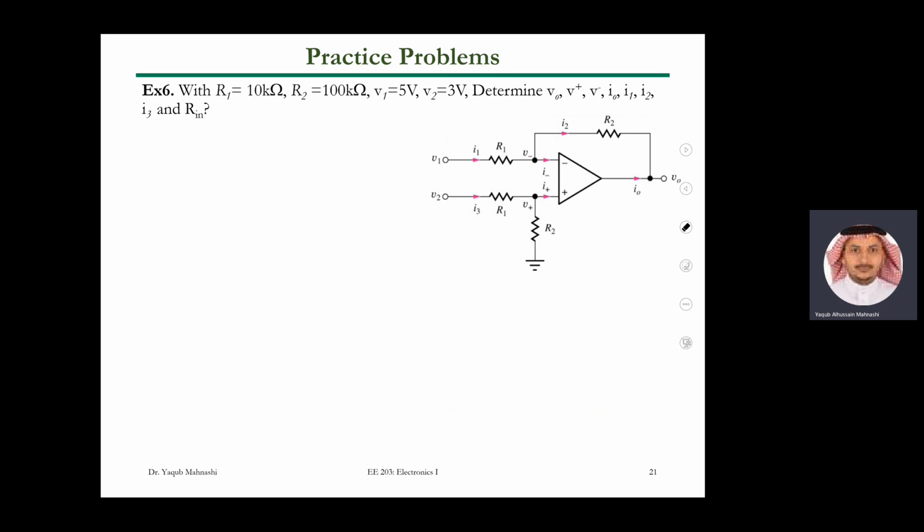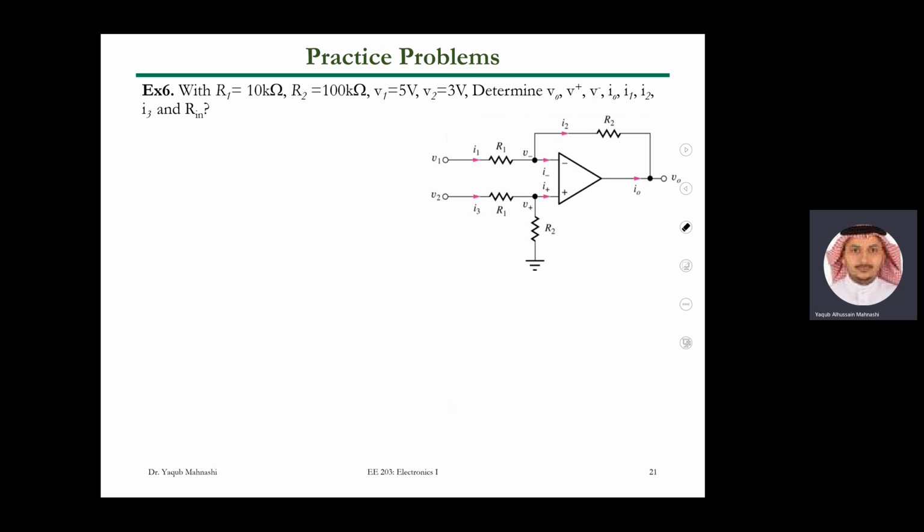And let's work out this problem here for the difference amplifier. This is problem 6. So how can I start with this one? This is 6 or 7, maybe it should be 7. Anyway. What do you think?